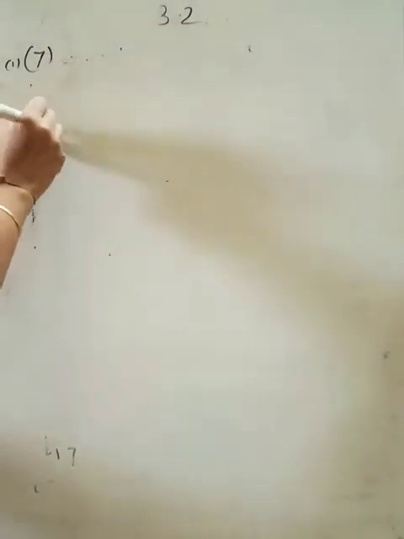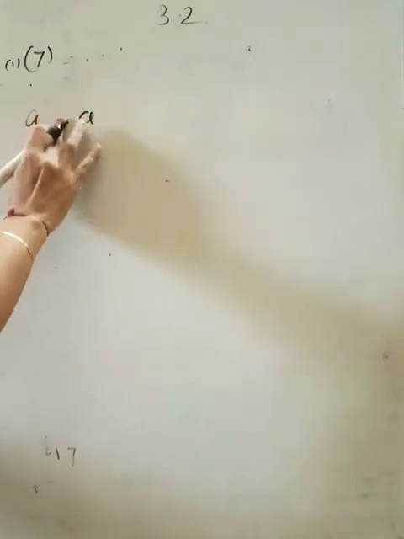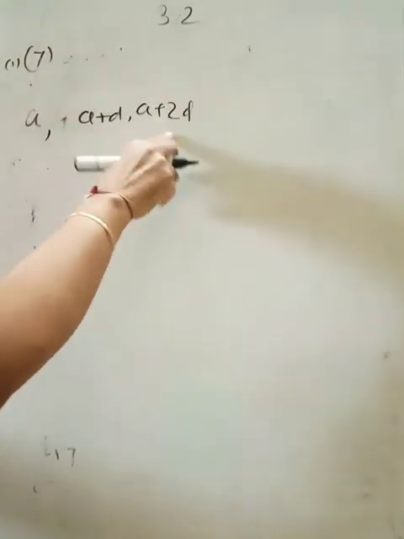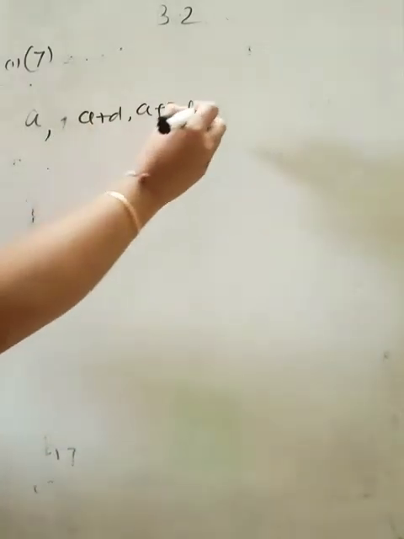So in this, children, you have the arithmetic progression, how it is. A, then A plus D, then A plus 2D. A plus 2D is the third term. How is the nth term?